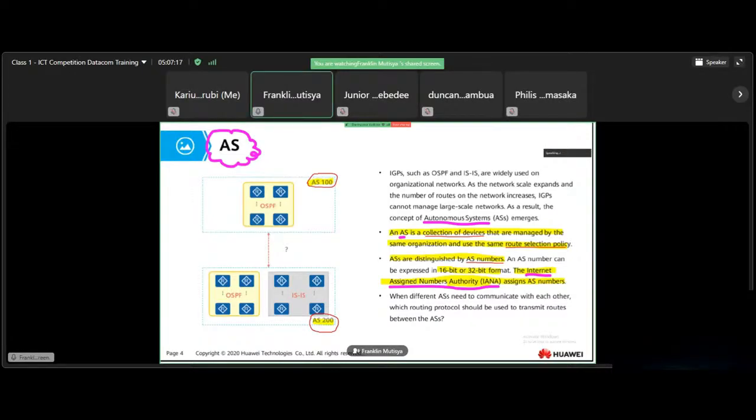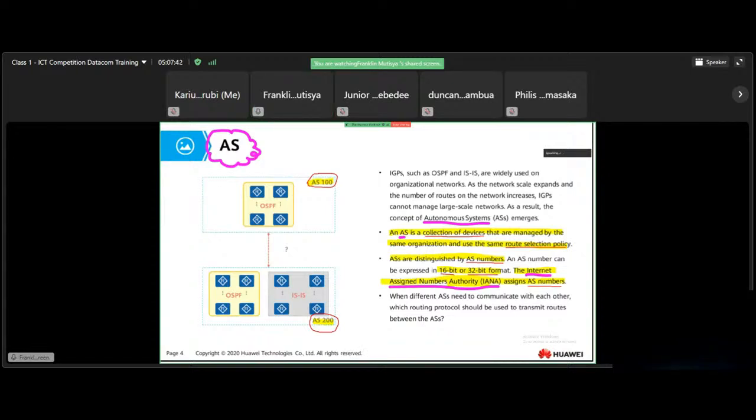The number is usually 16 bits in size, or sometimes expressed in the 32-bit format. These numbers are uniquely assigned by an international body we call the Internet Assigned Numbers Authority, IANA. They assign AS numbers and also IP addresses. We saw that IANA also assigns public IP addresses to institutions.